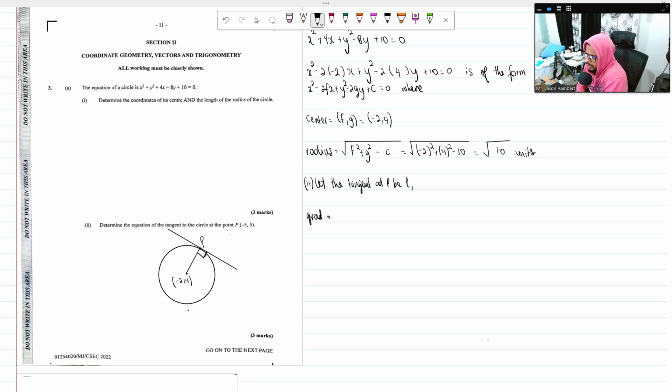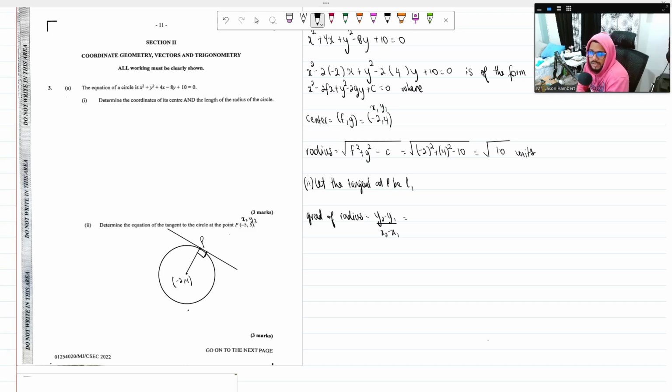The gradient of the radius: if you wanted to name the center O and then say the gradient of OP, you could go ahead and do so. The gradient of the radius is y2 minus y1 over x2 minus x1, which is equal to, I will label the center as x1, y1, and P as x2, y2.